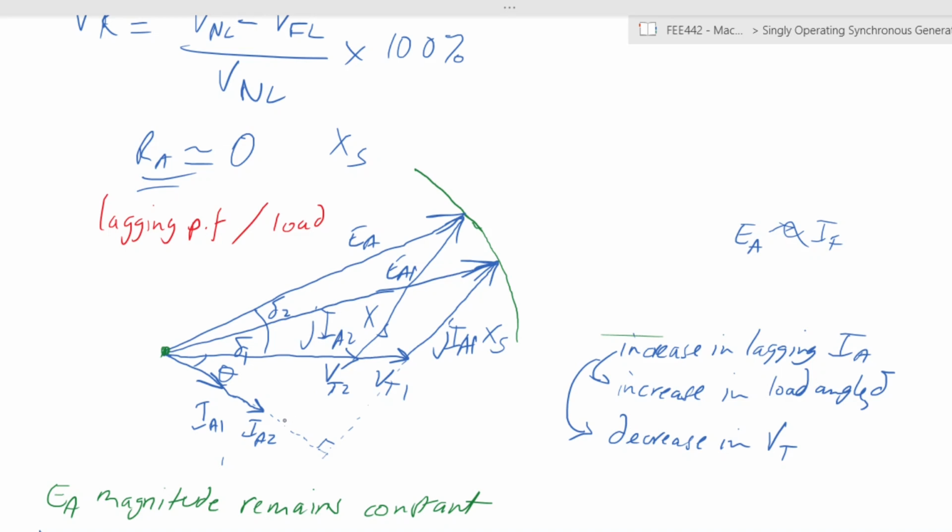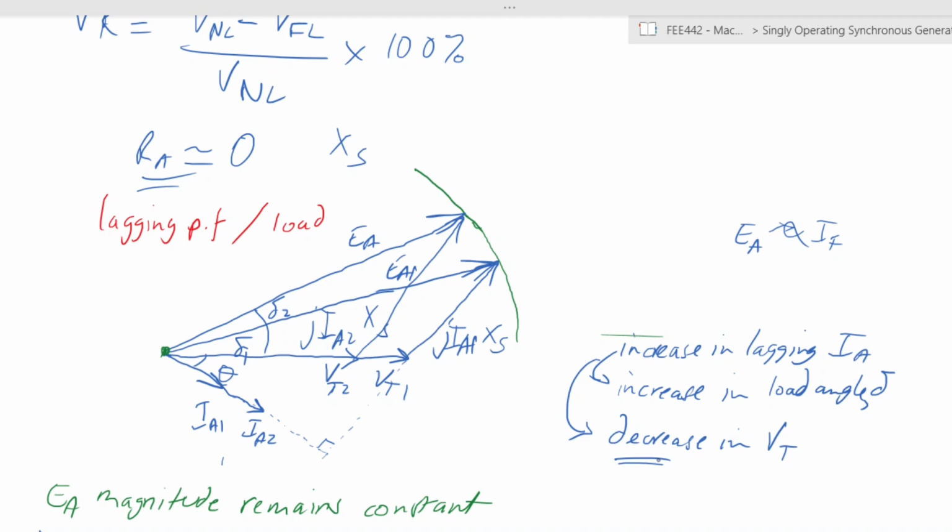Yeah, you have increased the magnitude of IA without changing the power factor, right? An increase in the magnitude of IA at the same lagging power factor causes a significant decrease in terminal voltage, right? And empirically, that would appear to make sense, okay?